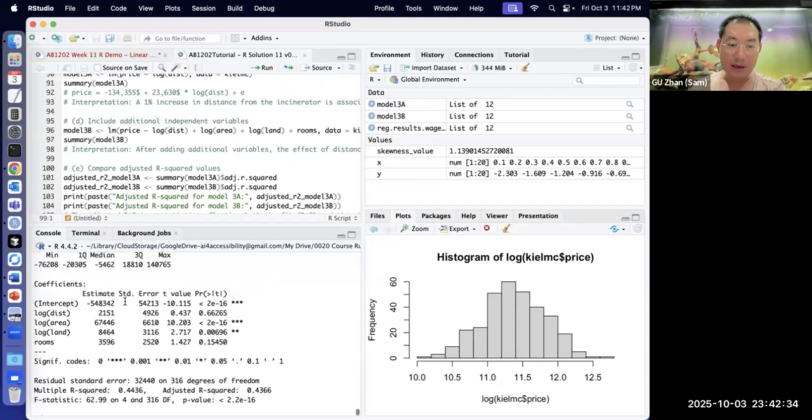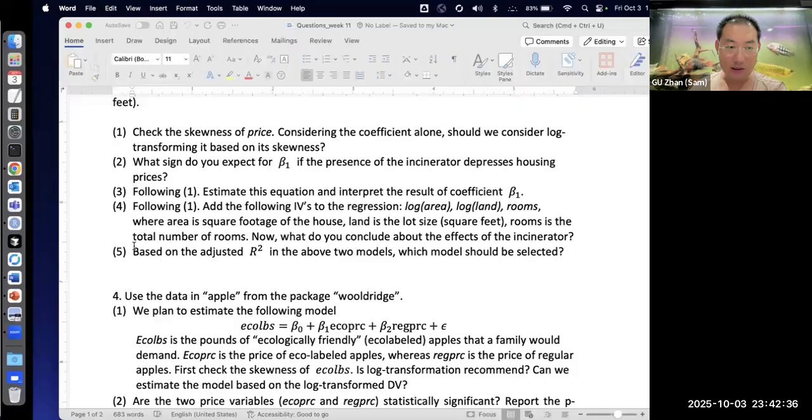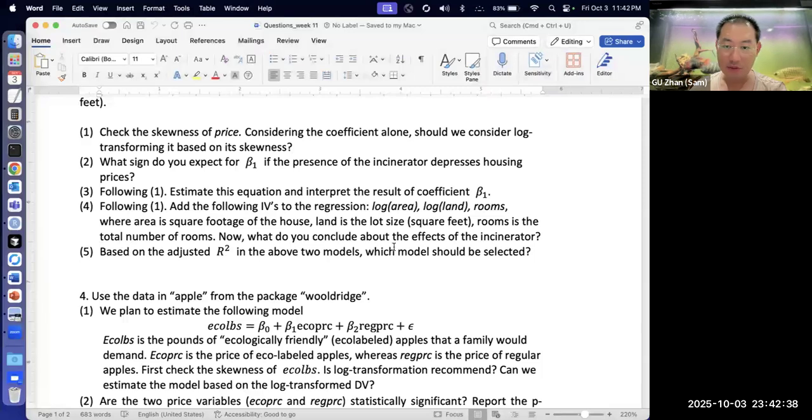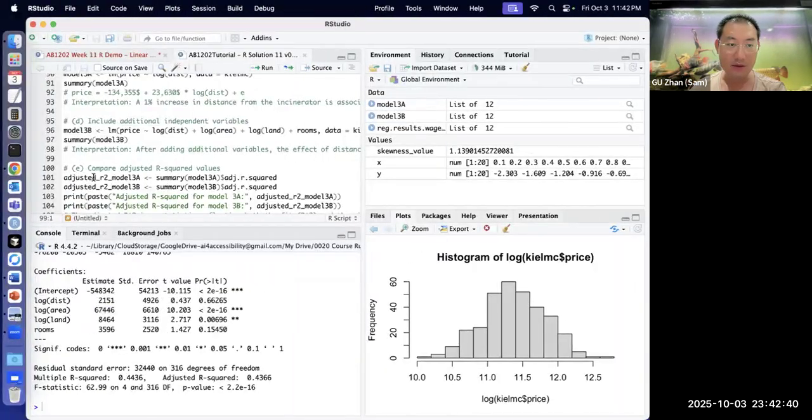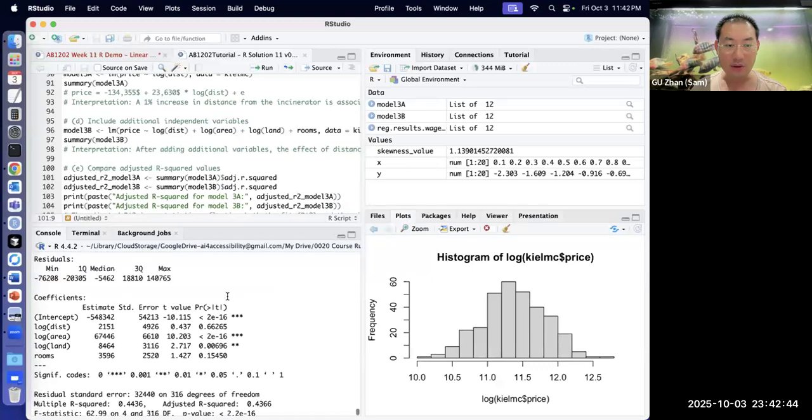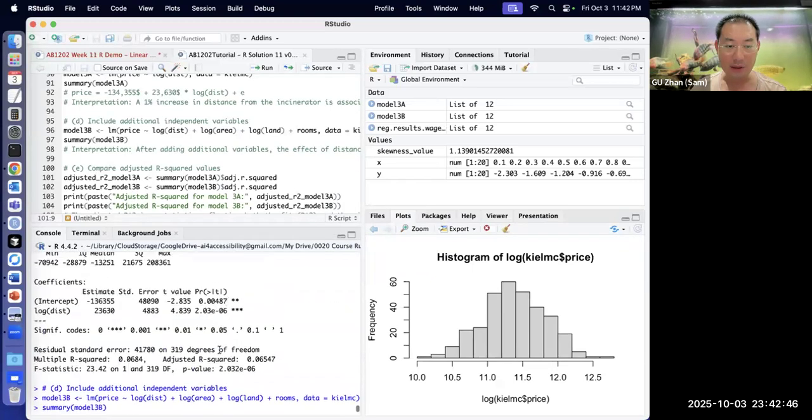You can also compare these models based on adjusted R square to see which one is better. So let's have a look at adjusted R square. Actually, you can look at the data from here. Earlier, using only the incinerator as an independent variable, we have an adjusted R square of 0.065, which is a very small value.